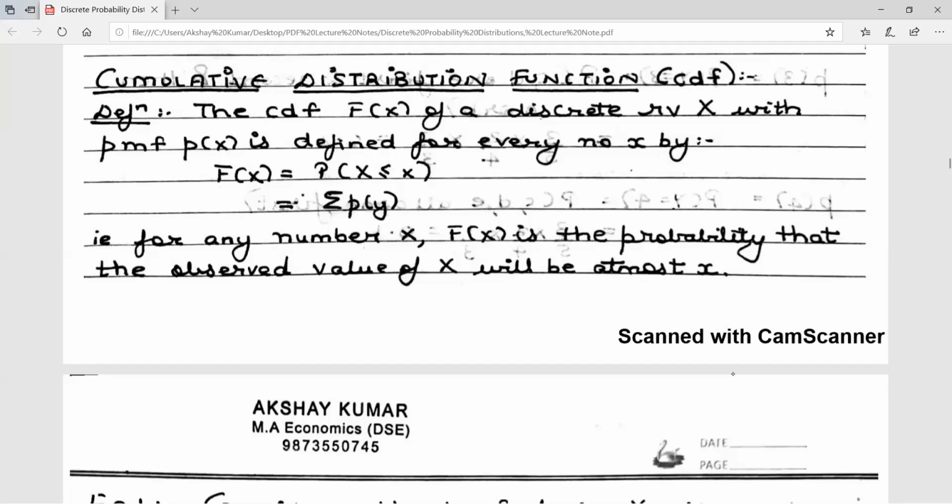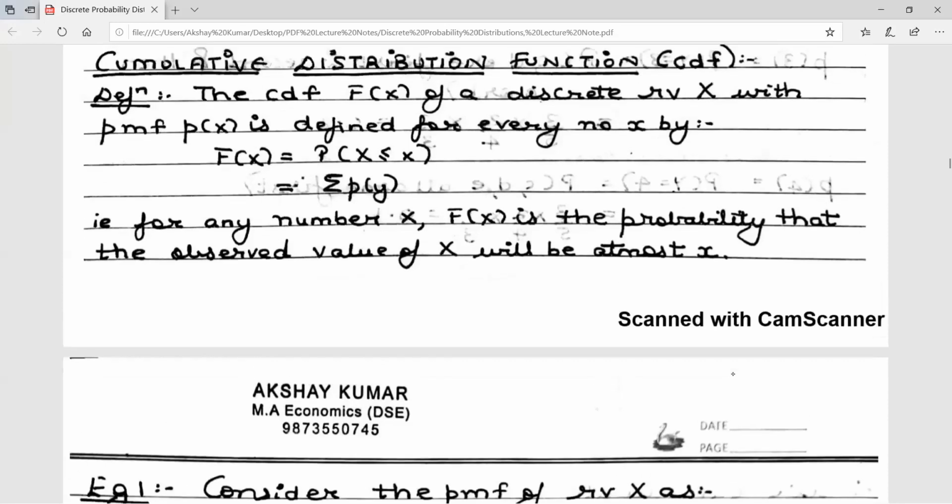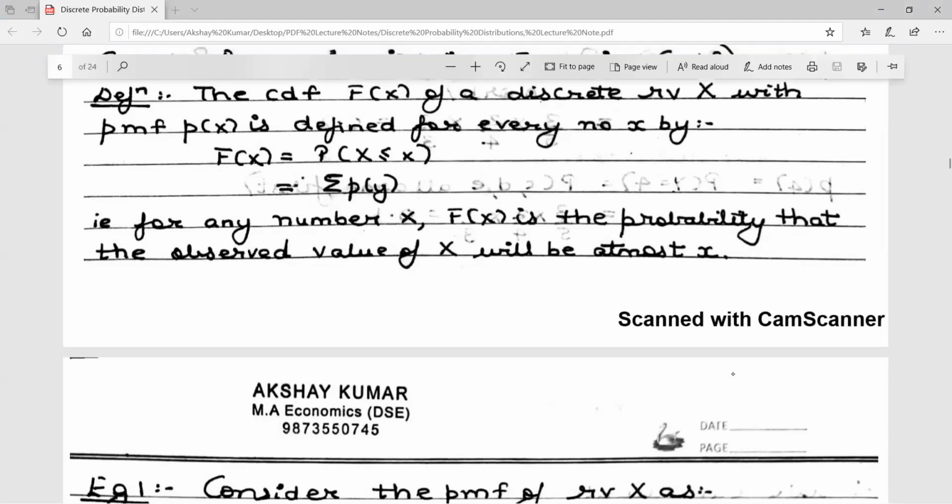So how can I say this in words? In words, it means for any number x, F of x is the probability that the observed value of capital X will be at the most equal to small x.